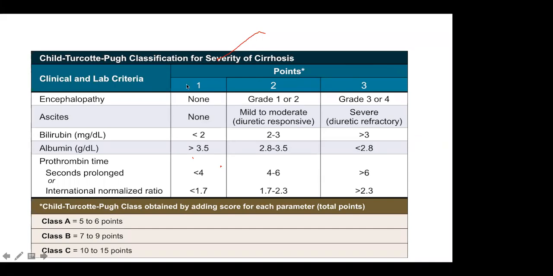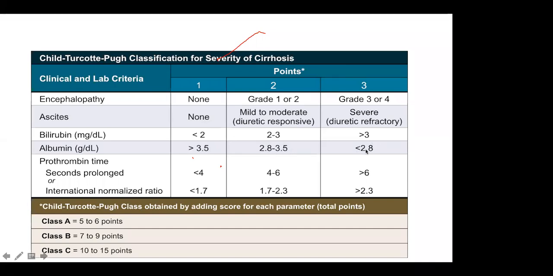For example, encephalopathy: if there is no encephalopathy, this is 1, and if there is grade 1 or 2, this is 2, and grade 3 or 4, this is 3. It's the same for ascites. For bilirubin, less than 2 is 1, 2 to 3 is 2, and more than 3 is 3. For albumin, if it is normal, more than 3.5, this is 1. If it's between 2.8 and 3.5, this is 2.